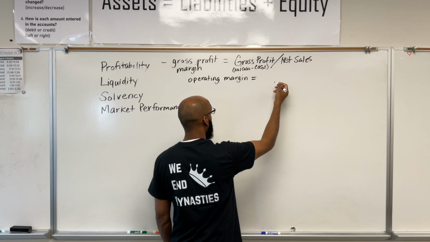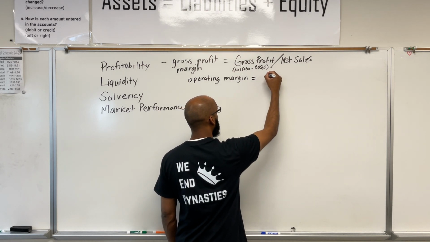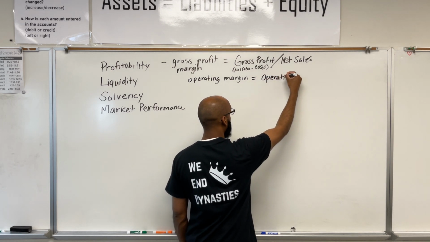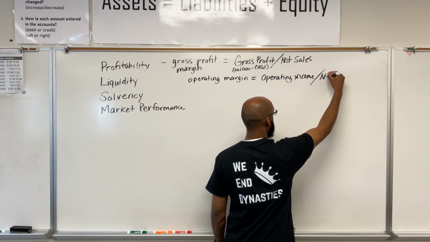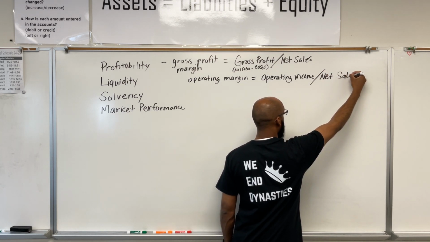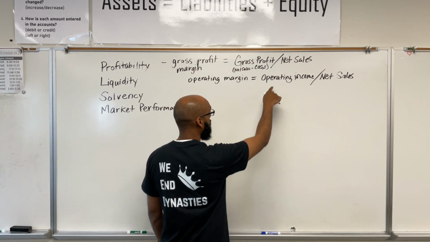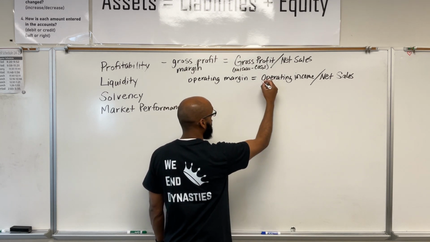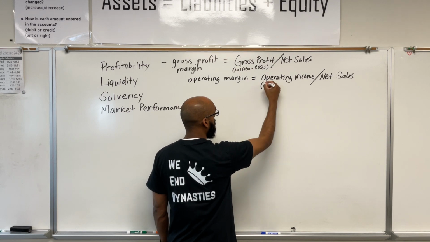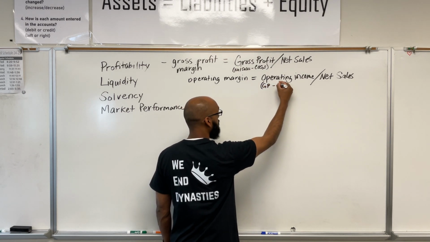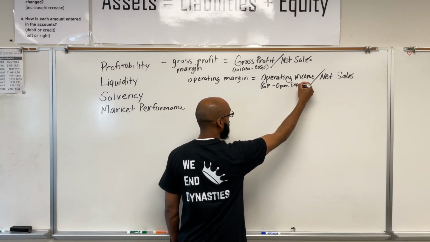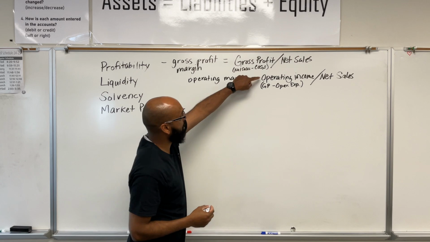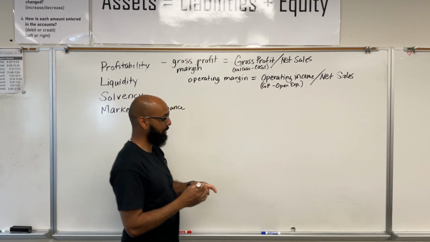So it's going to take our operating income and divide it by net sales, and that would be our operating margin. Remember, your operating income is your gross profit minus your operating expenses.